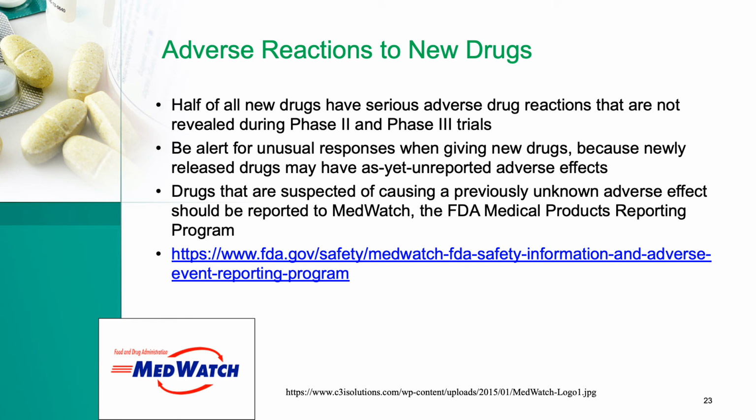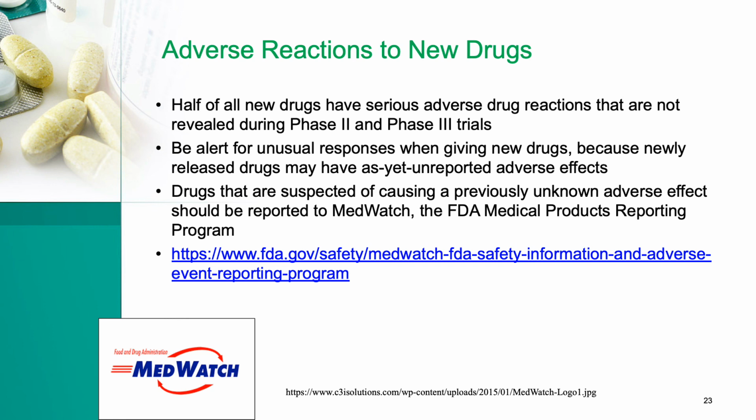Half of all new drugs have serious adverse reactions that are not revealed during Phase 2 and Phase 3 trials. Most new drugs are approved with an average of 1,500 patient exposures and usually only for relatively short periods of time.